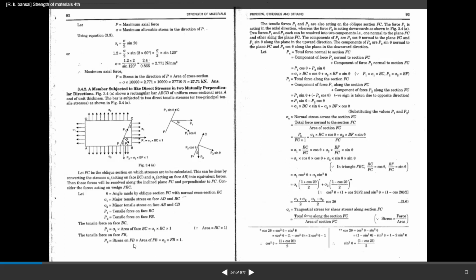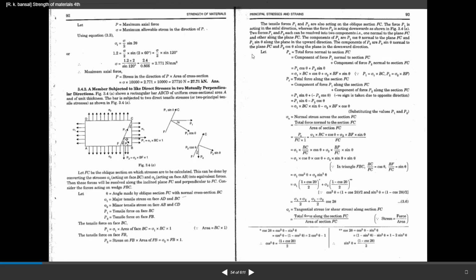Similarly P2 equals sigma 2 into BF into 1. These are the tensile forces acting on this oblique section, where BC and FB are the contact surfaces.